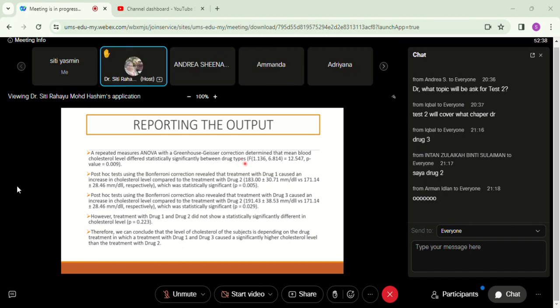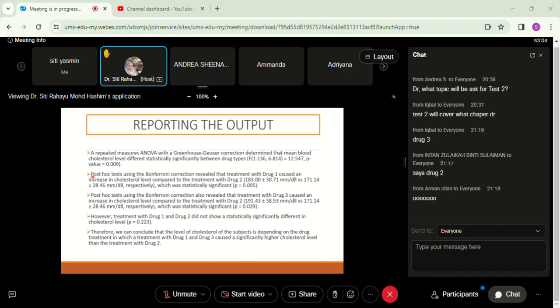Okay, memang terdapat perbezaan yang signifikan, dengan dalam bracket this one. Okay, so ini kita panggil APA style. Untuk kalau dalam akademik, kalau kita nak report result analysis, ini kita panggil APA style. Ya, kalau you tak tulis APA style, kamu punya paper kena rejected.